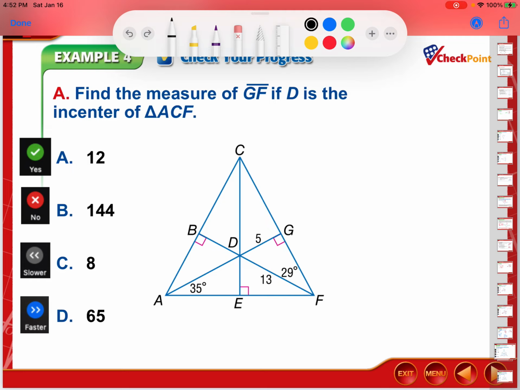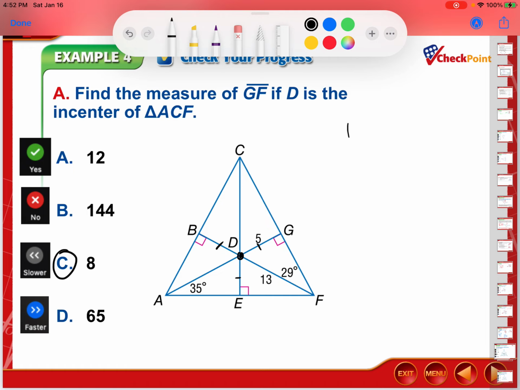So anyway, last problem before my brain completely melts. Find the measure of GF if D is the incenter. So if D is the incenter, then of course these three lines should be the same. And we're supposed to find GF, which is going to be 8. Essentially, you'll have to do Pythagorean theorem there again.